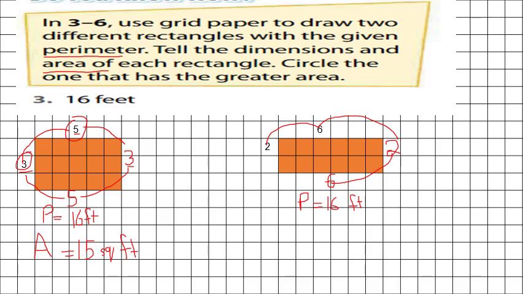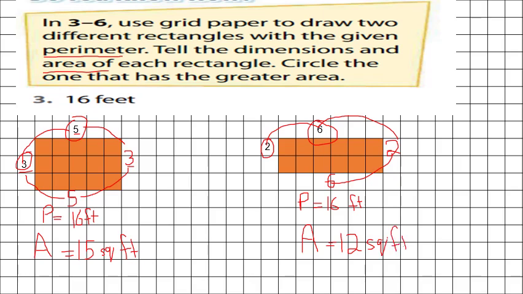Okay, now the area of the second rectangle. Excellent, 6 times 2. So it will be equal to, very good, 12 square feet. Excellent.